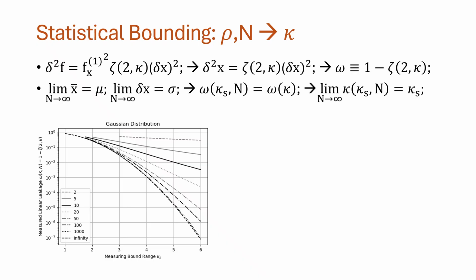We can define the bounding range kappa underscore s as a measuring bounding range. And then, using the linear leakage, we can find the equivalent bounding range, which is called the measured bounding range. Namely, the measured bounding range kappa is a function of the measuring bounding range and the sample count.